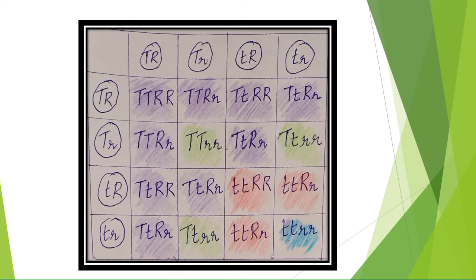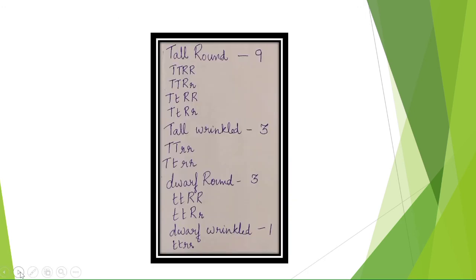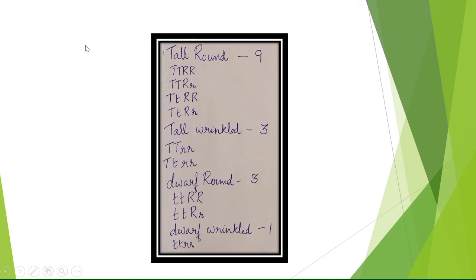These are the 16 offspring that we obtain in a dihybrid cross in the F2. Offspring obtained in the F2 of a dihybrid cross: tall, round 9; tall, wrinkled 3; dwarf, round 3; dwarf, wrinkled 1.